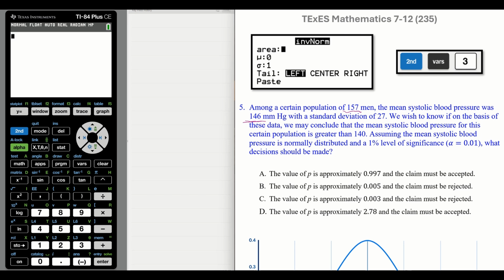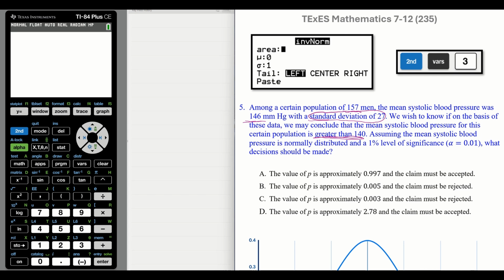146 mmHg. Not sure what that means, to be honest with you, but you can go look it up, with a standard deviation of 27. We wish to know if, on the basis of these data, we may conclude that the mean systolic blood pressure for this certain population is greater than 140.